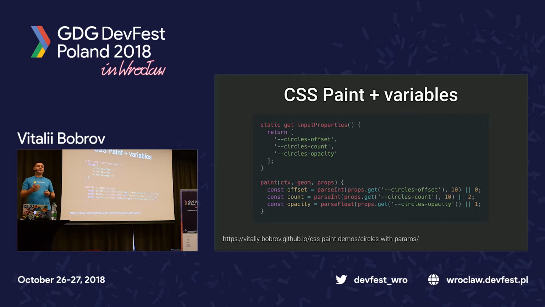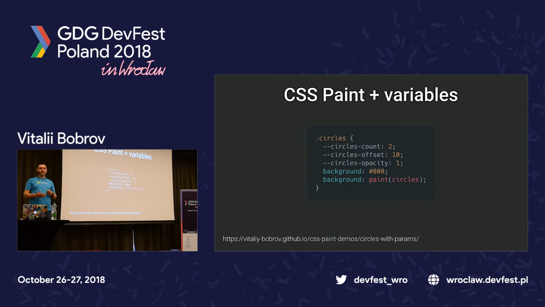How does it look in CSS? In CSS we define these custom properties like circles count, offset, and opacity. And if any of them is changed, the paint renderer will be called for us.